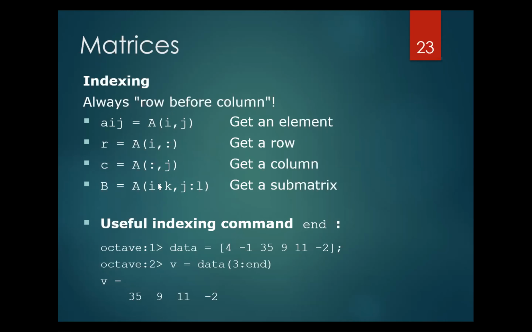So I colon K means from a particular I row to a particular K row, and then a particular J column to a particular L column. Don't worry, I'll demonstrate for you to see. So when you do this, it will just pick a sub-matrix of the bigger matrix that you are dealing with.